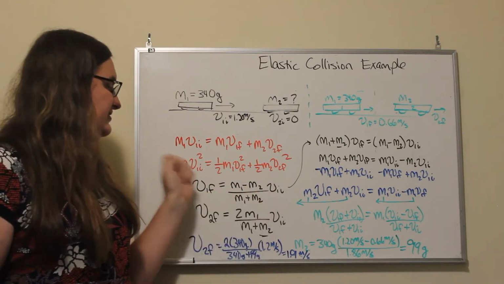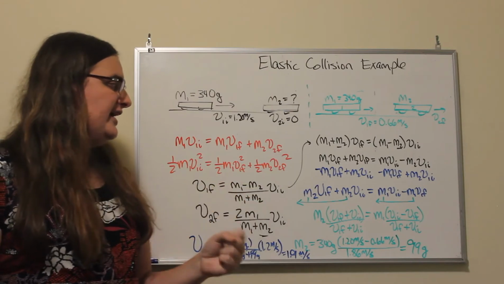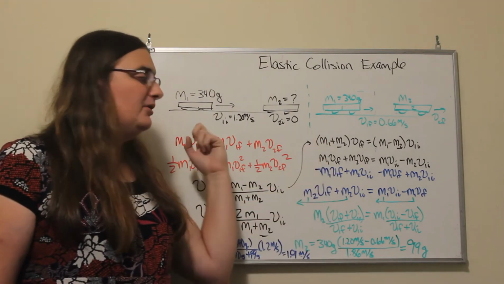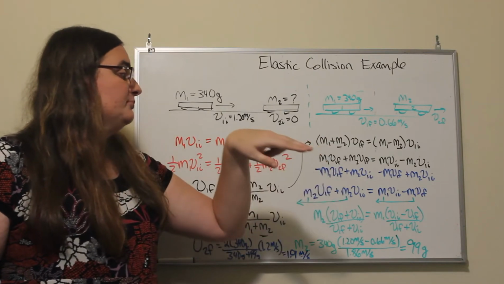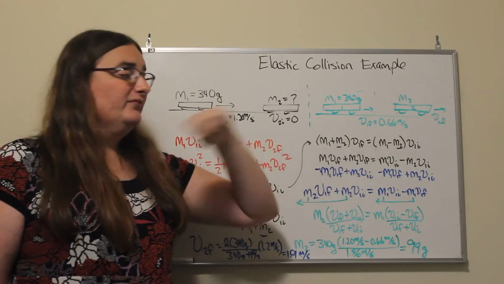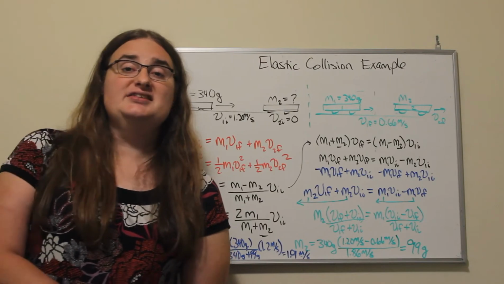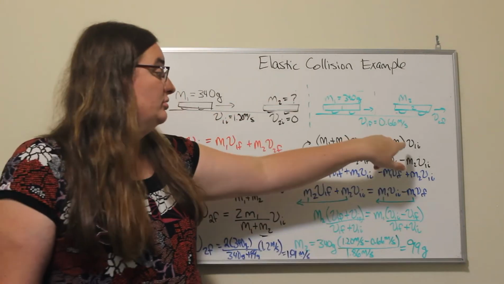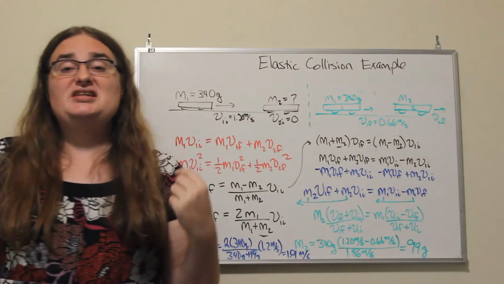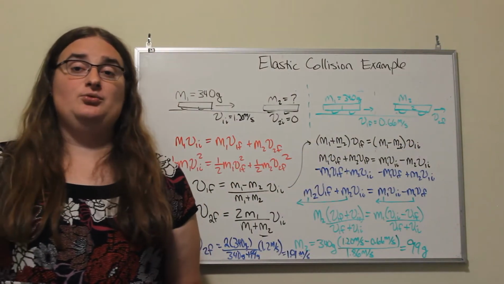So if I take this and rewrite it without the fraction, I multiply both sides by the total mass, so I have m1 plus m2, quantity, times the final velocity of 1 equals m1 minus m2, quantity, times the initial velocity of object 1.